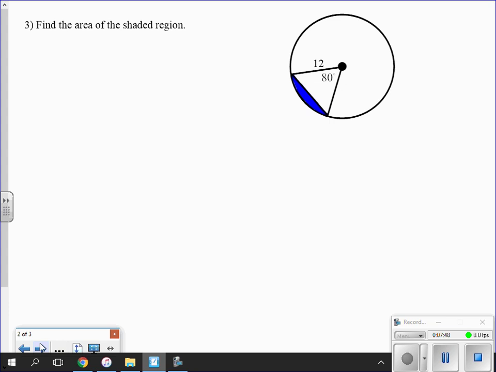Okay. Find the area of the shaded region. It's a piece of cake. Here's what you do.